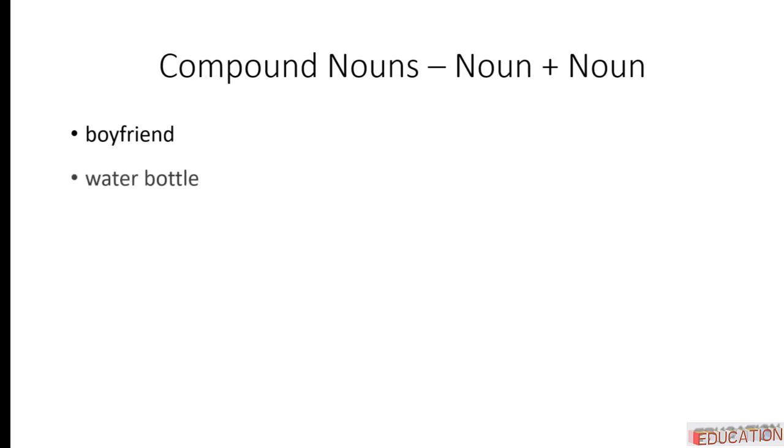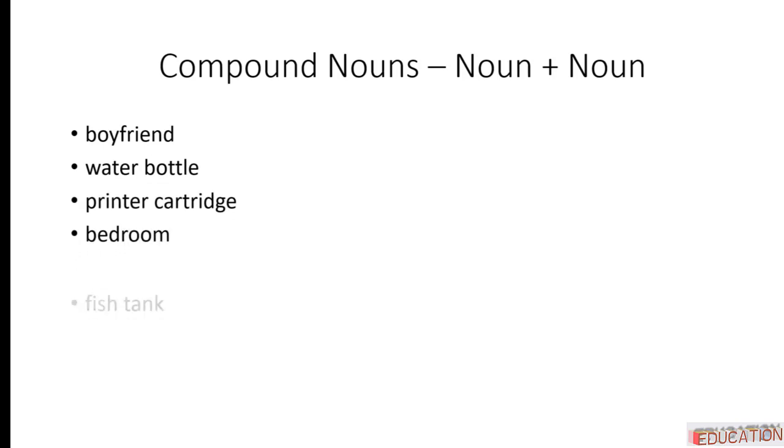Boyfriend, water bottle, printer cartridge, bedroom, fish tank, football, handbag, tablecloth. And as we can see, the way of writing the compound noun is independent of the parts that form it.